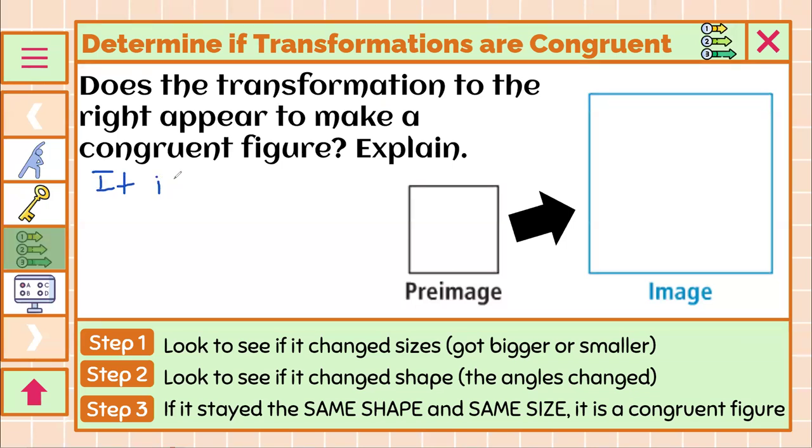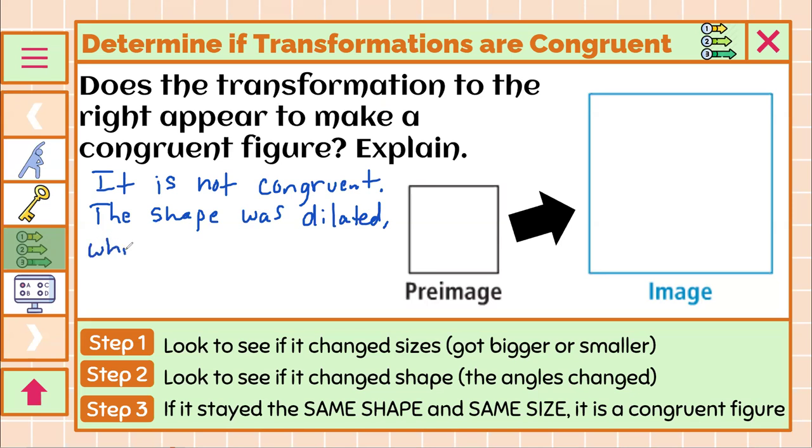All right, they did say to explain though. It is not congruent. I can say, we'll go back one. The shape was dilated. They made it bigger.